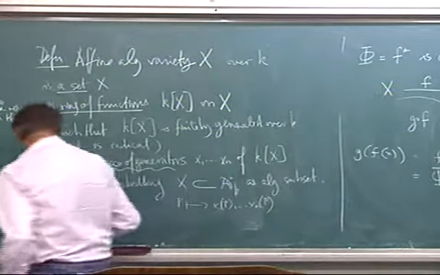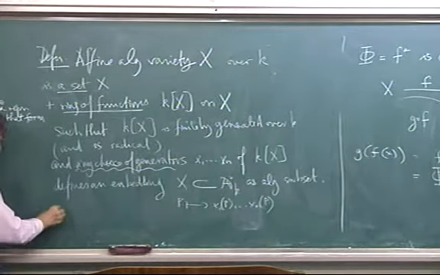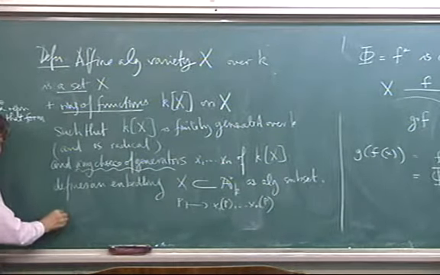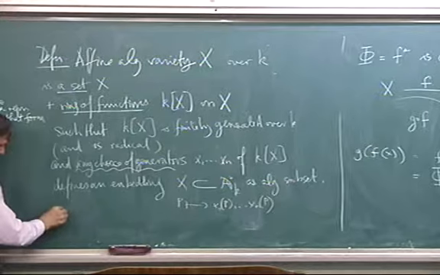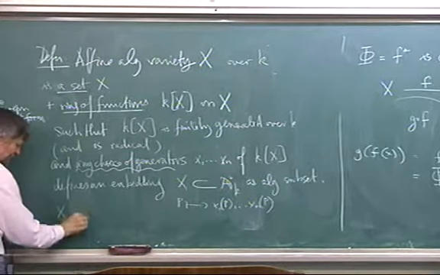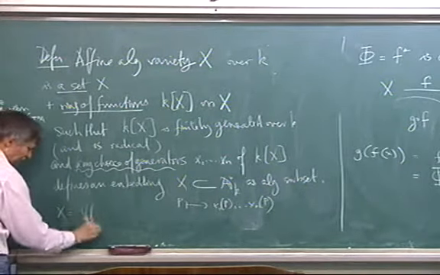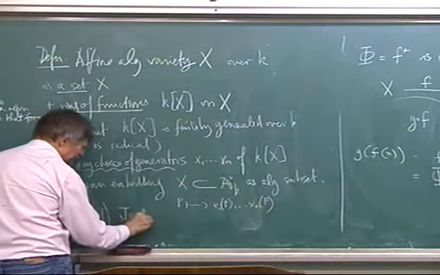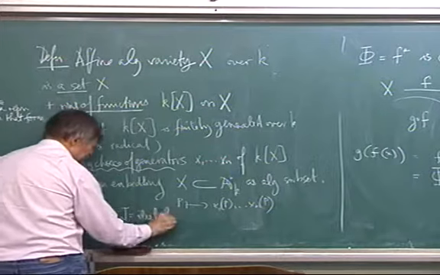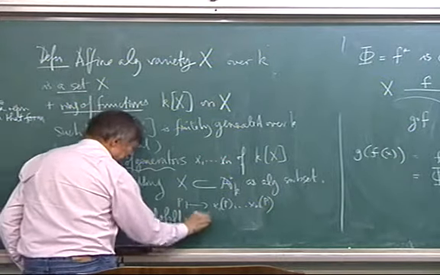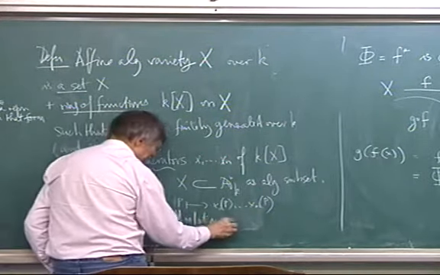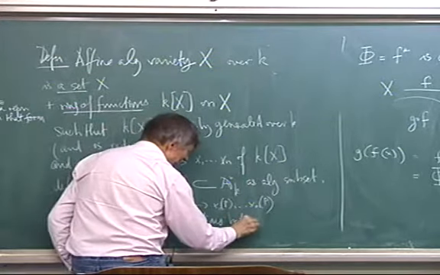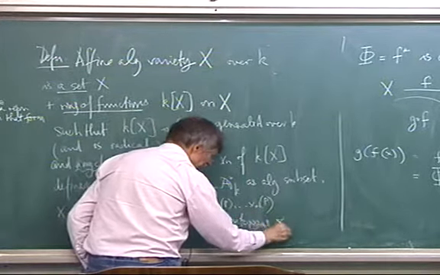This is the ideal. So X is V of J, where J is the ideal of all relations holding between the xi.